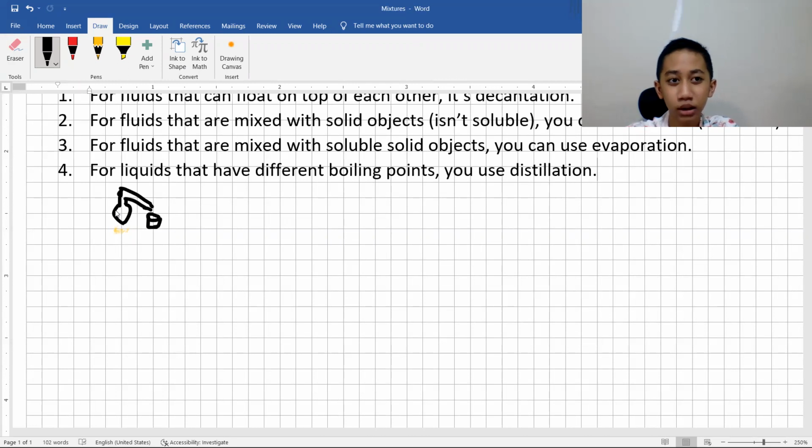Don't forget the evaporation, well, boiling, because heat is always there.